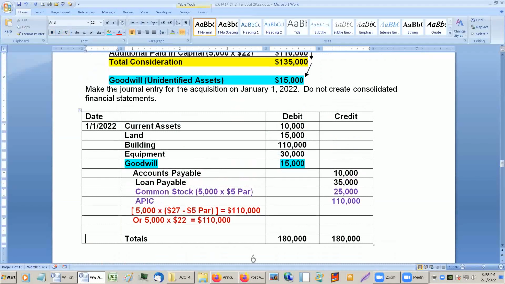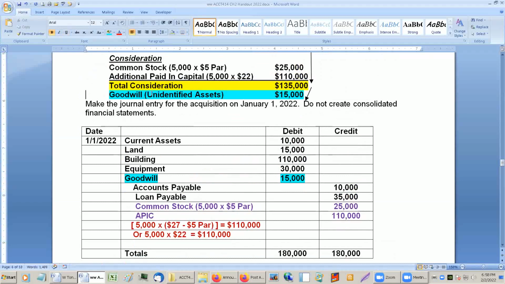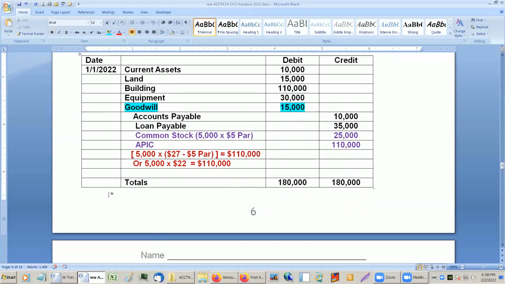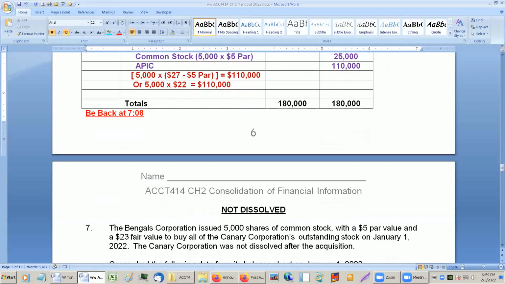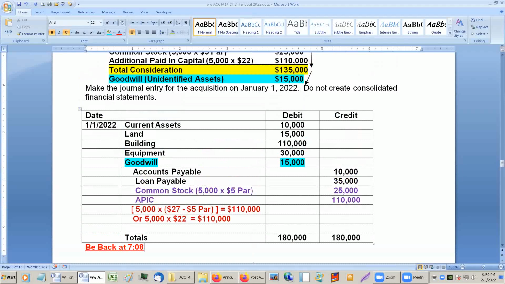Actually, I'm going to see if I can put that on this page so I can move this up. Okay. Let's go ahead and take a break. I think I'm going to skip number 7 because I want to get to problems 8 and 9. So when we come back, we'll start out with problem 8.